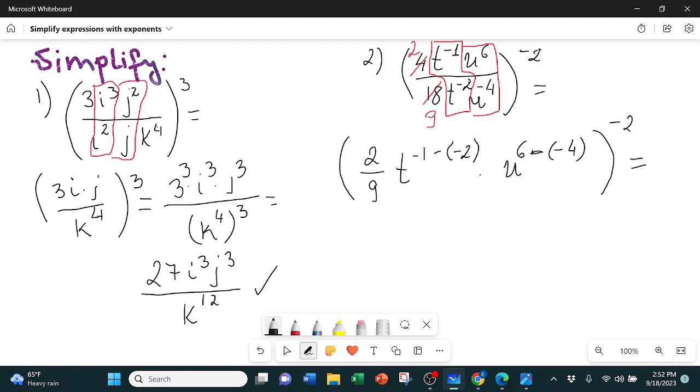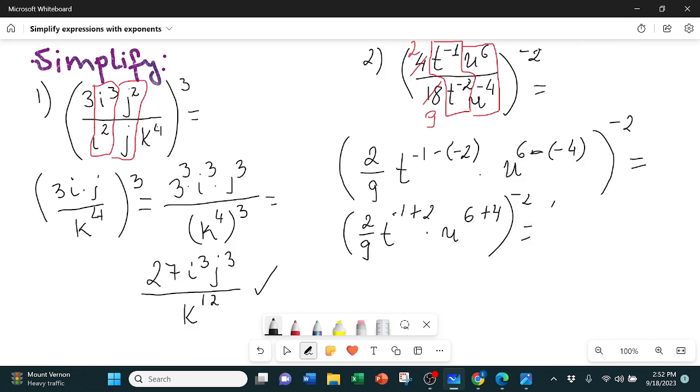So I will work out these exponents. That's going to be 2 over 9, t to the power negative 1 plus 2 times u to the power 6 plus 4, and the whole thing is to the power negative 2.